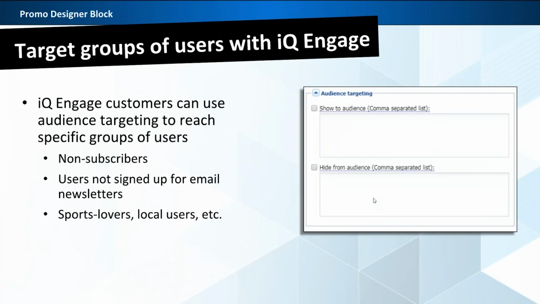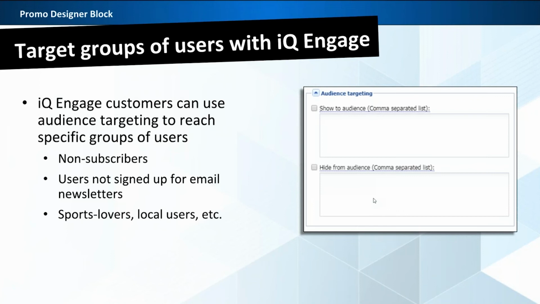And I also wanted to mention our IQ Engage program. There is built-in integration with our IQ Engage program so that you can use that information to target promotional messages to specific audiences. Just very quickly, the IQ Engage program is essentially a data tracking program to track behaviors of users and how they interact with the site.